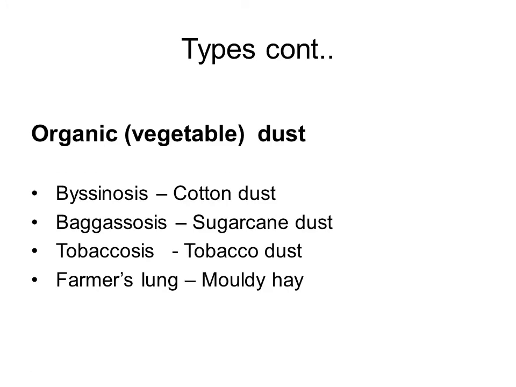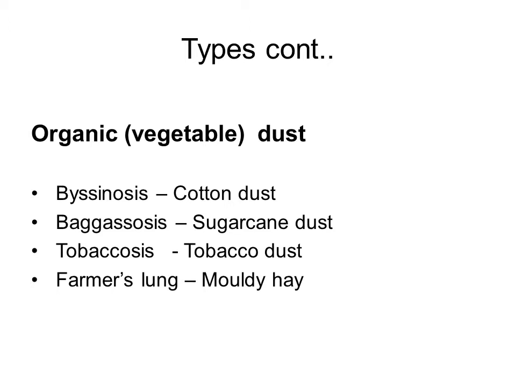It may be divided into further like byssinosis or cotton dust, bagasosis or sugarcane dust, tobaccosis or tobacco dust, and farmer's lung due to moldy hay. So is it clear?